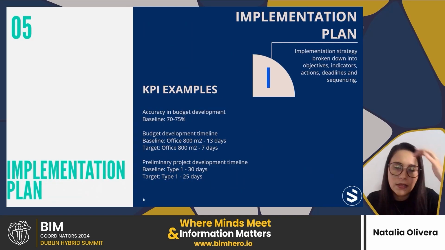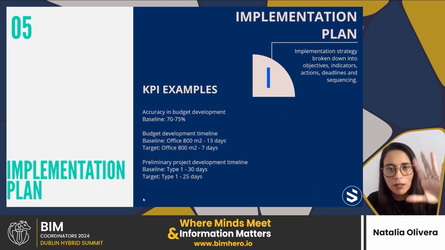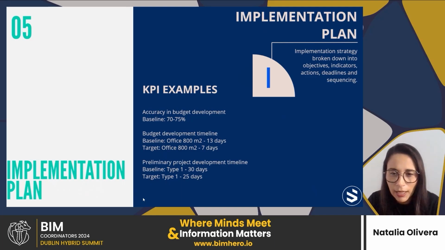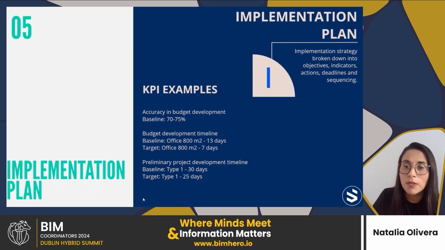After the diagnosis is finished, in the implementation plan stage, we use the diagnosis results to identify the key areas affecting productivity. We then propose actions to address these issues, organizing them on a timeline and creating a plan that includes specific steps, deadlines, indicators, a starting point, and clear goals.